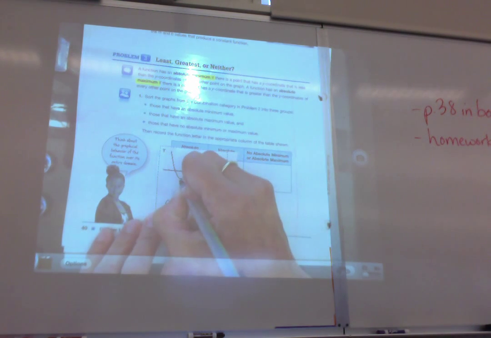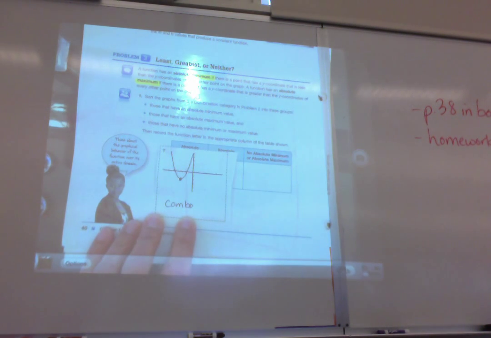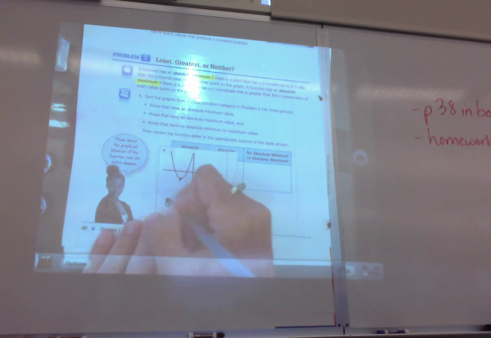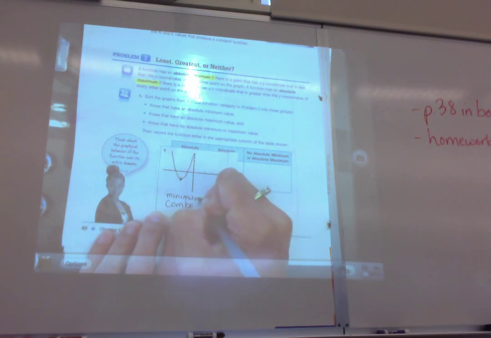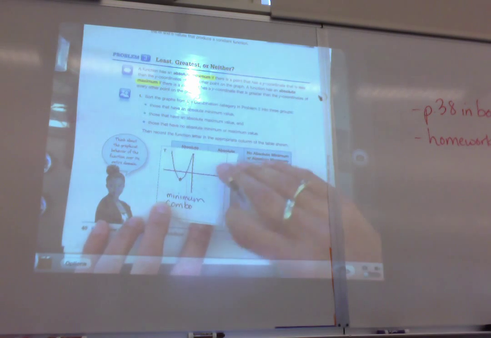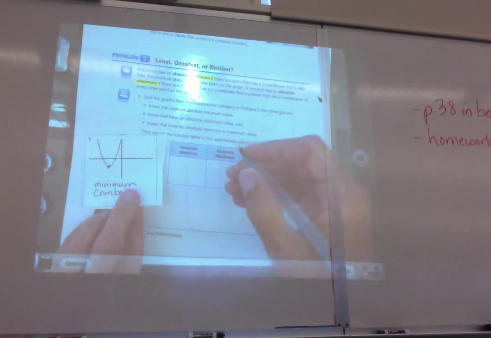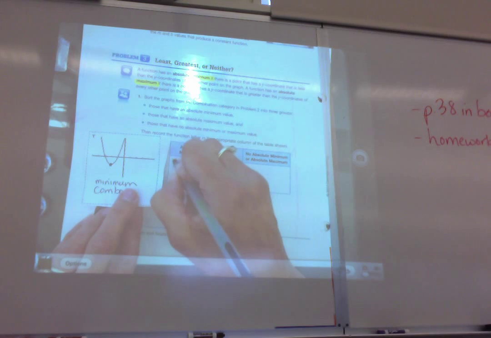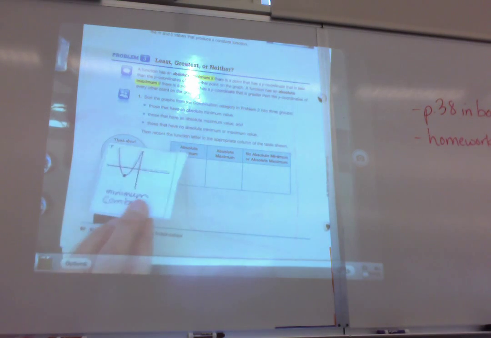You put a little dot at the minimum of T. It's a U with a very bottom, and everything else is higher than that. Go ahead and write minimum on T. We're going to also write T in the box at the bottom of page 40.